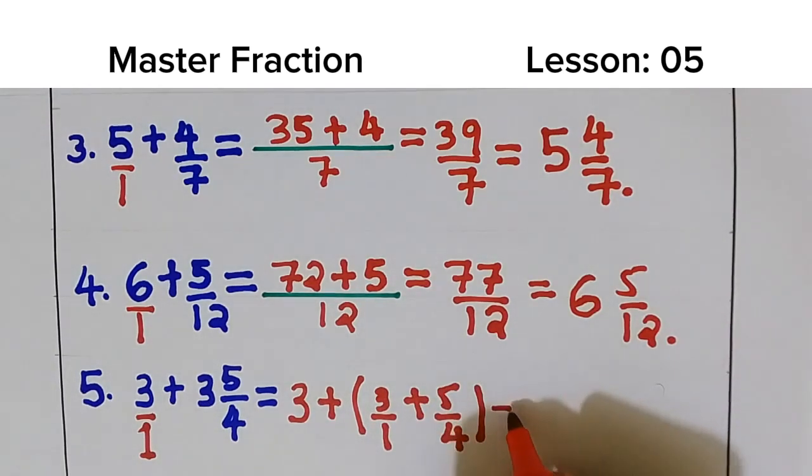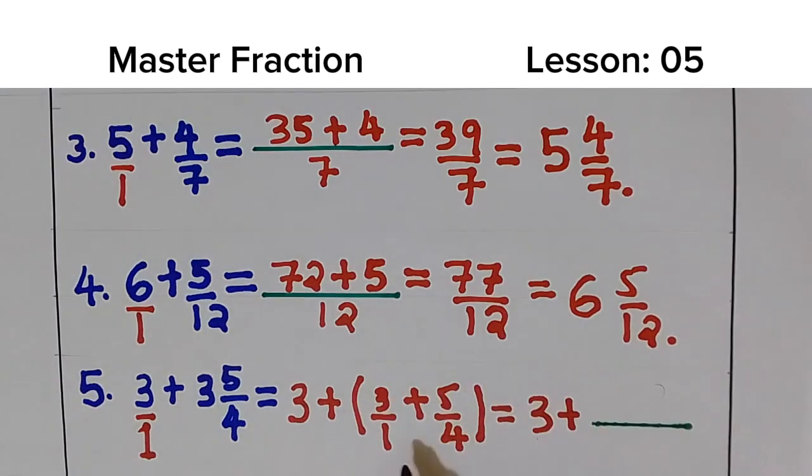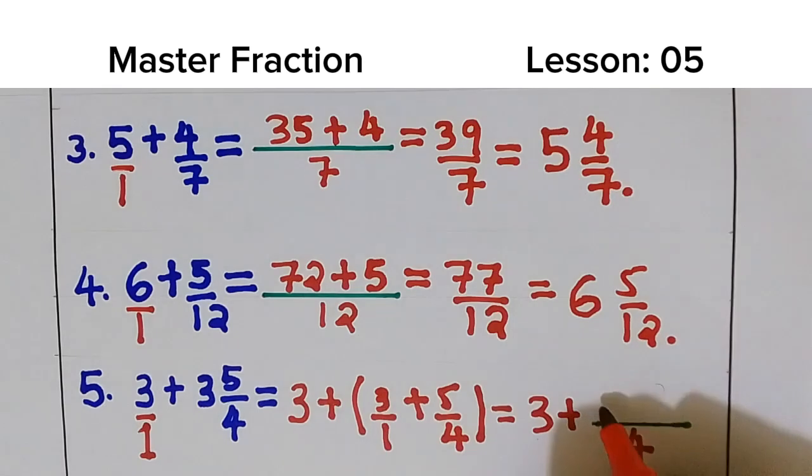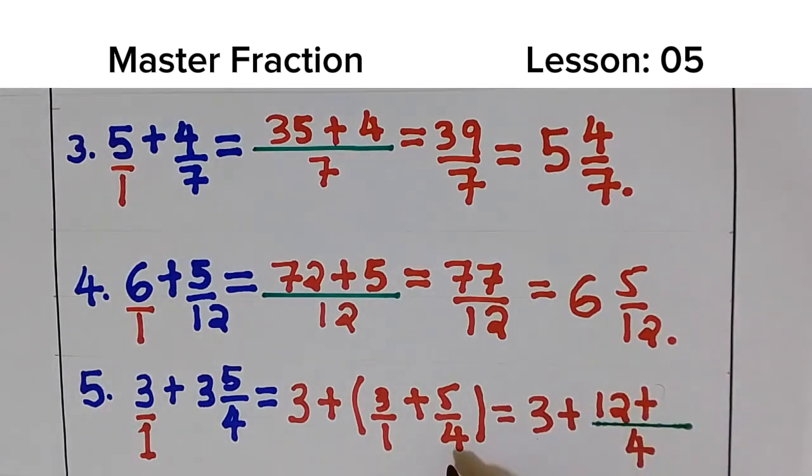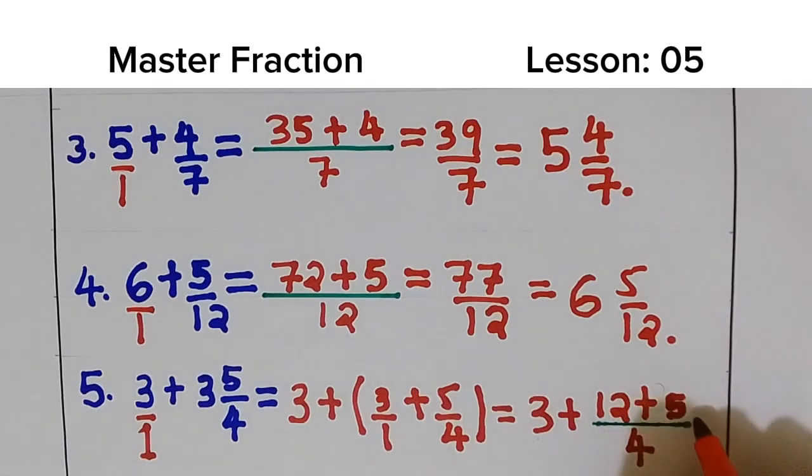This will be equal to the whole number 3 plus LCM of 1 and 4, it is 4. 4 divided by 1 is 4. 4 multiplied by 3, get 12. Add by 4 divided by 4, the answer is going to be 1. 1 multiplied by 5, we are going to get 5.